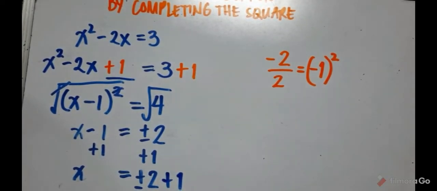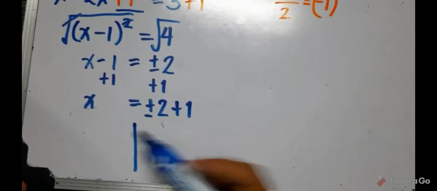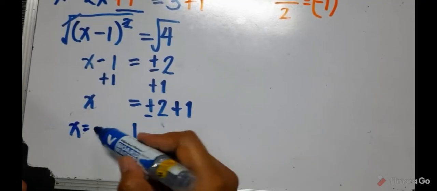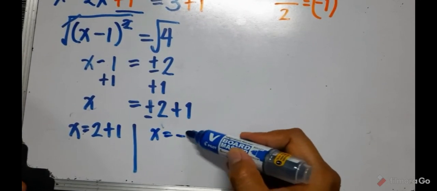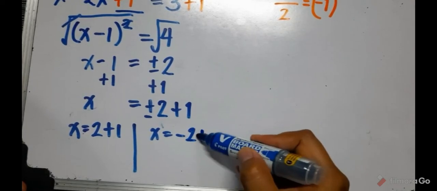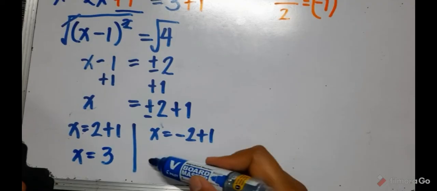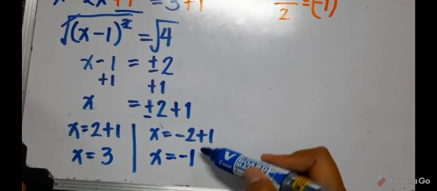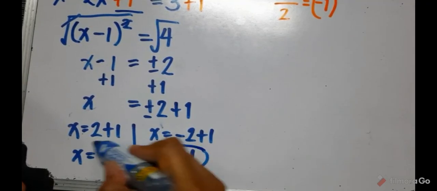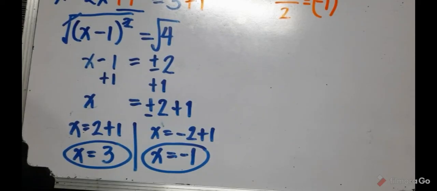We rewrite separately: x is equal to positive 2 plus 1 and x is equal to negative 2 plus 1. So x is equal to 3, and on the other side, x is equal to negative 1. These are the two solutions or roots of the given quadratic equation.